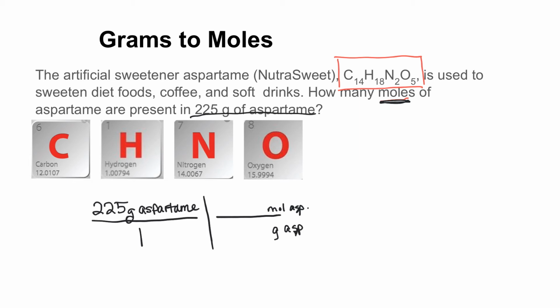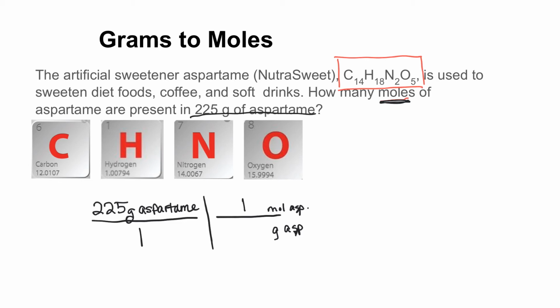So now we need the molar mass. We need to know how many grams are in 1 mole of aspartame. And so I've included the squares from the periodic table so that we can determine the molar mass.